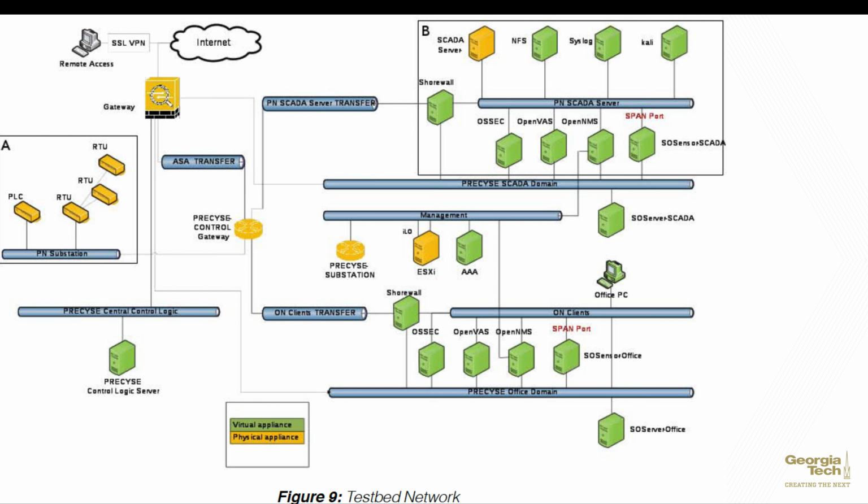The substation and SCADA server network elements highlighted in Box A and Box B are the focus of the following experiment. These two domains in the testbed contain RTU devices and SCADA control services in a configuration that mirrors, as close as possible, a real operational environment.